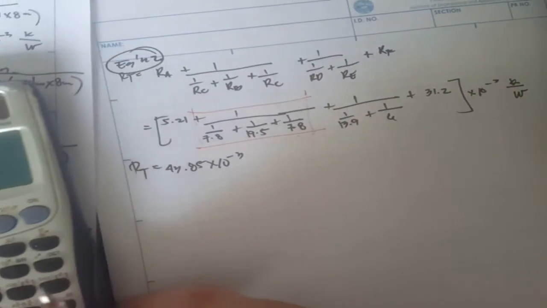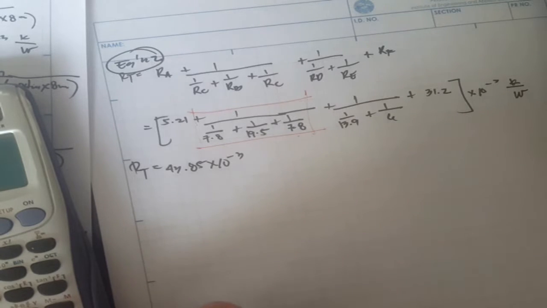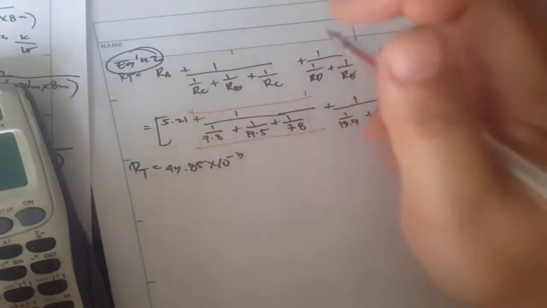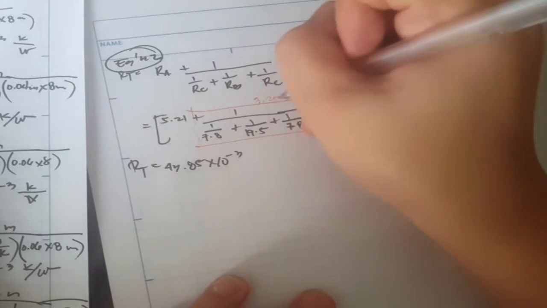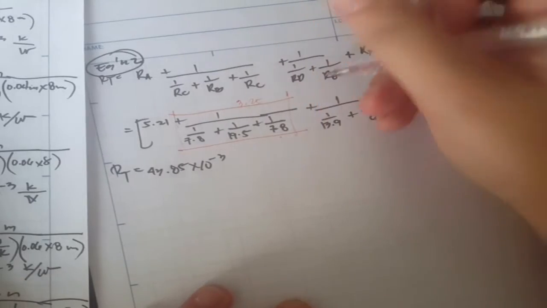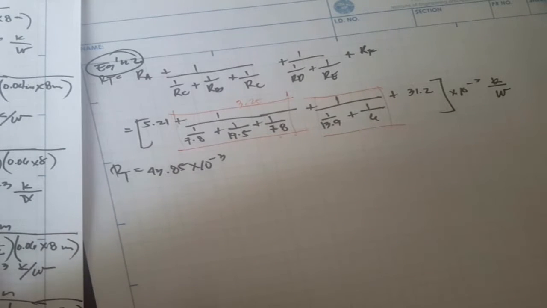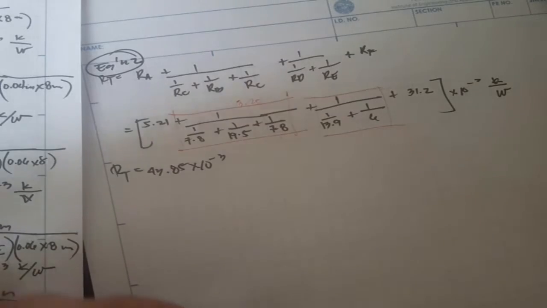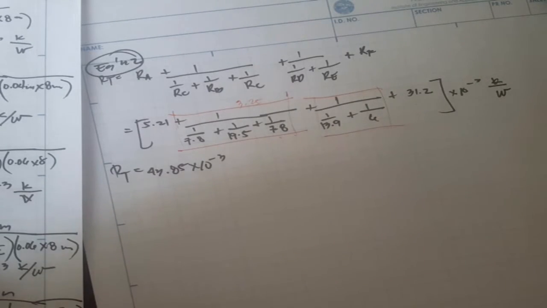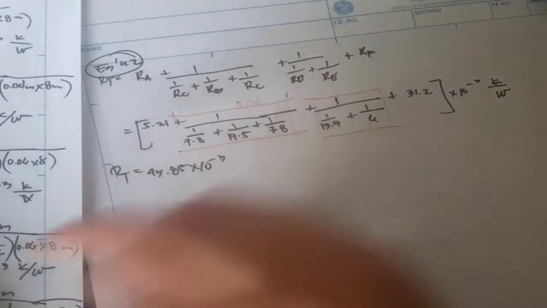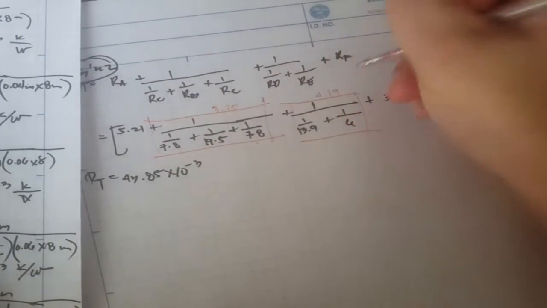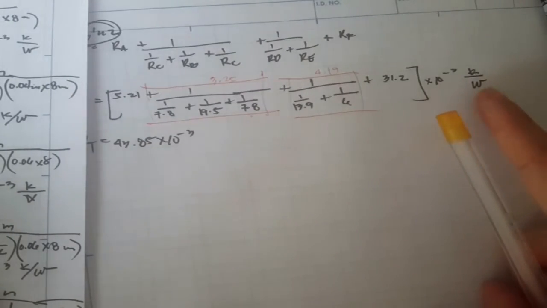This part here is equal to 3.25, of course, times 10 to the negative 3, and this part here is 4.19 times 10 to the negative 3 Kelvin per watt.